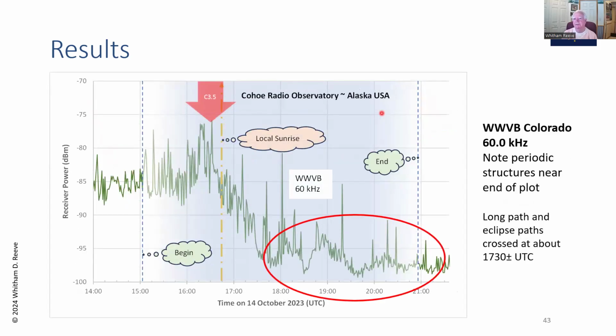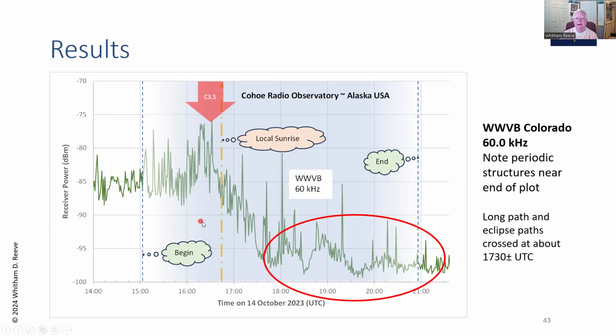Now here's WWVB. This is almost due west of Coho, and it's kind of a noisy plot, but here's again the flare. Whether or not this jump in signal level here is caused by that flare, I don't know for sure. It was before local sunrise, but the path from Colorado to Coho was almost all in daylight, so that flare could have caused that peak.